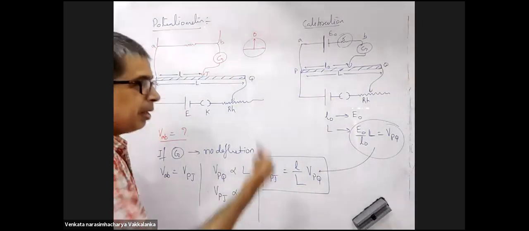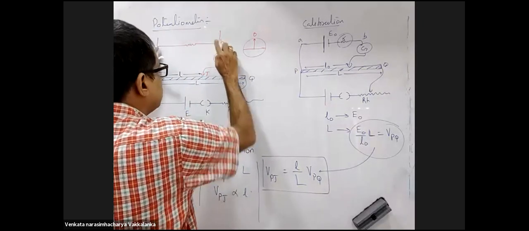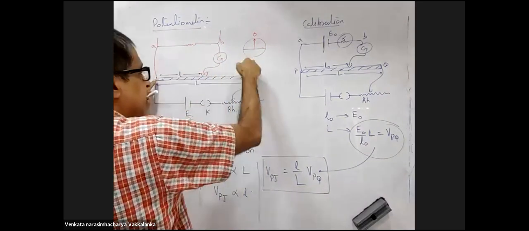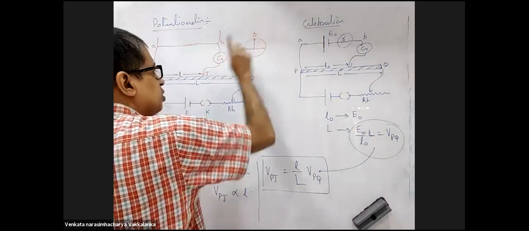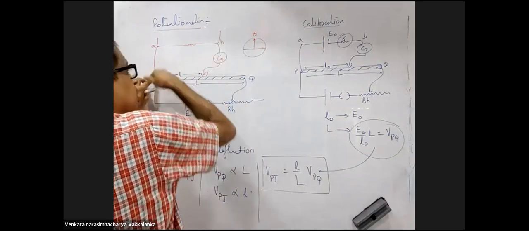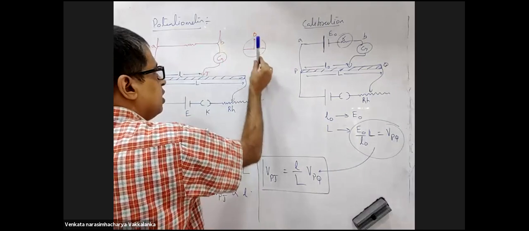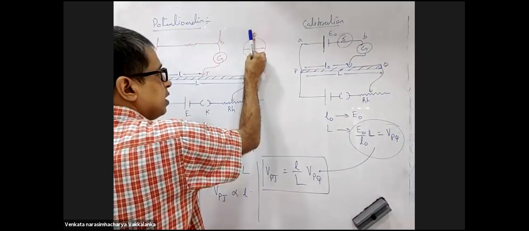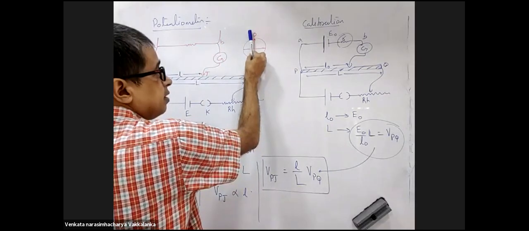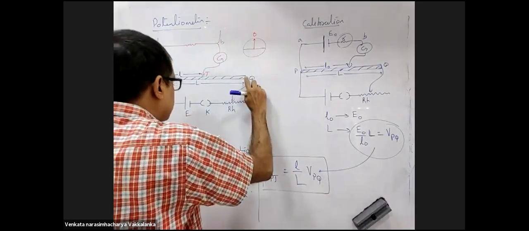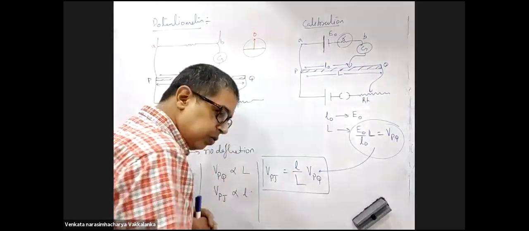Yes, sir. By chance, if this was 6 volts and this was 4 volts, then when I place the jockey at both ends, I'll get deflection on the same side. It will not go to the other side. That will immediately tell me that this potential difference is greater than the potential difference of PQ.